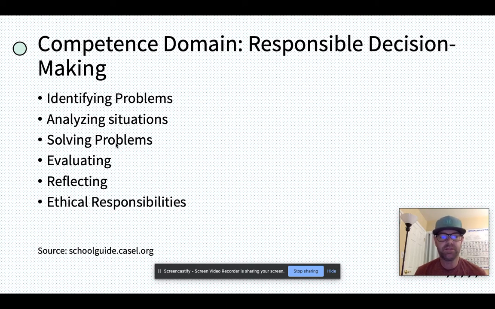In these situations we typically try to have students come together and discuss why they're having particular problems, and they try to analyze the situation. If they're having conflict with a student or a teacher, we bring them together and have them evaluate why they're having these problems, reflect on it, and then make decisions based off of those reflections. Well, maybe I could have done this differently or I could have done that differently. So, this is where this competency domain comes in.